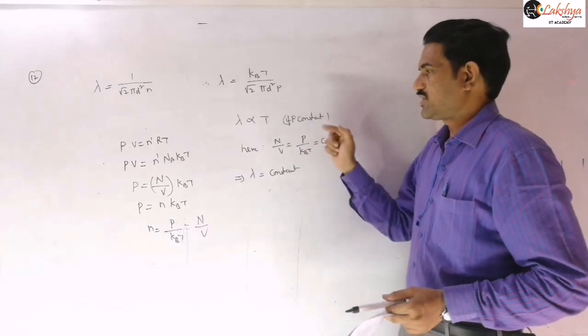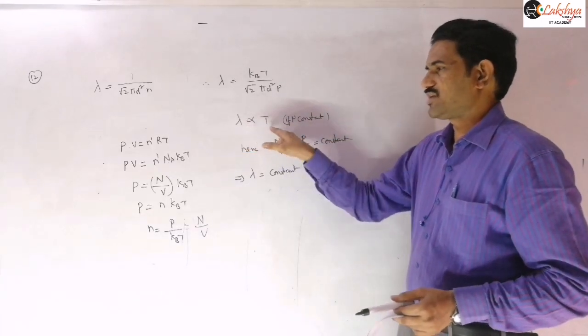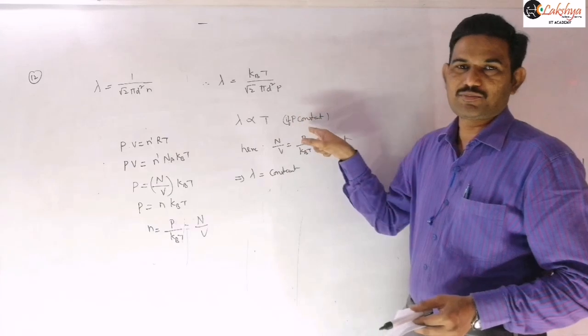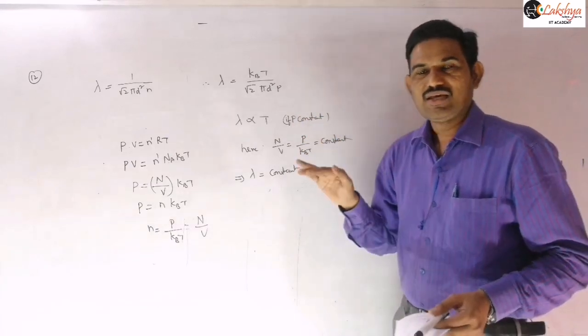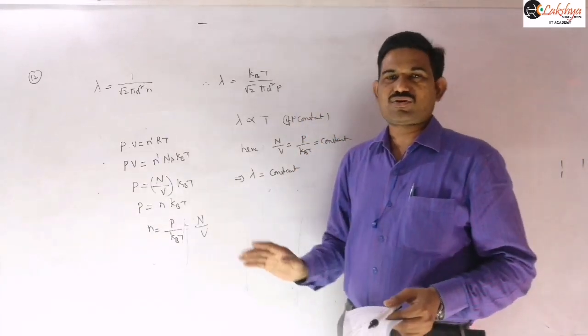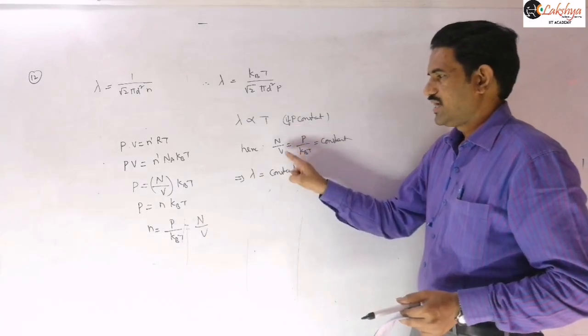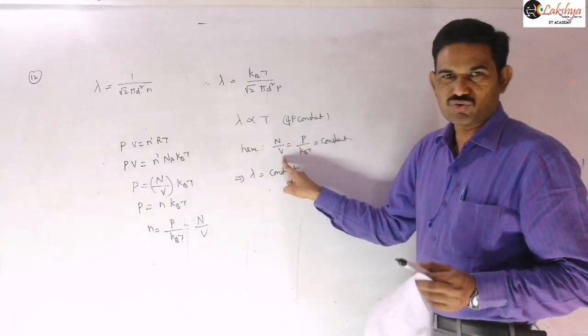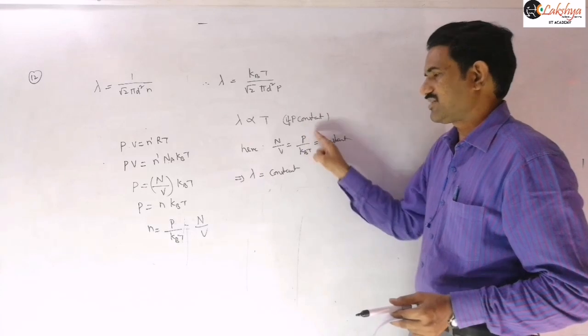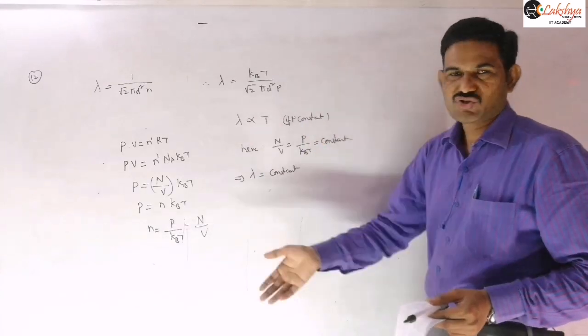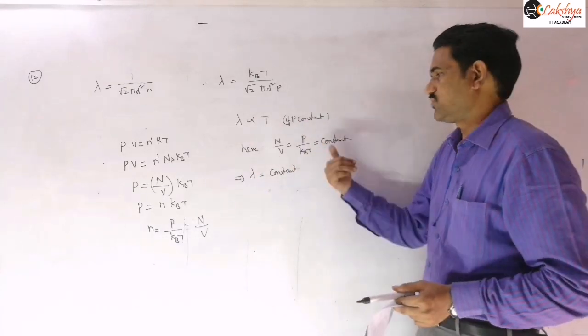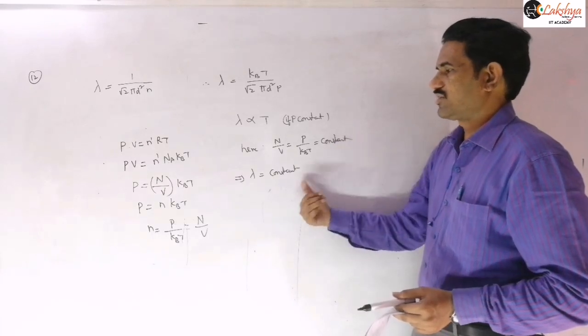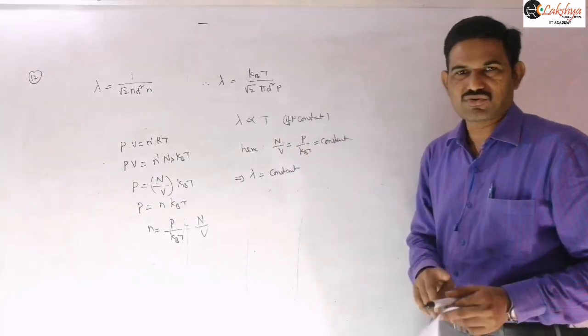But the important thing to note is lambda is directly proportional to T only when pressure is constant. In this given condition, pressure is not constant. The N value is constant and it is taken in a closed container so the V value is constant, so the P by T value will remain constant, like Charles law, P is directly proportional to T. And so lambda is also constant, right?